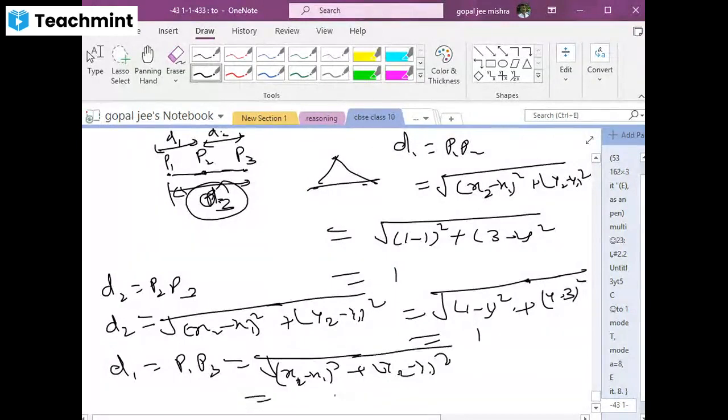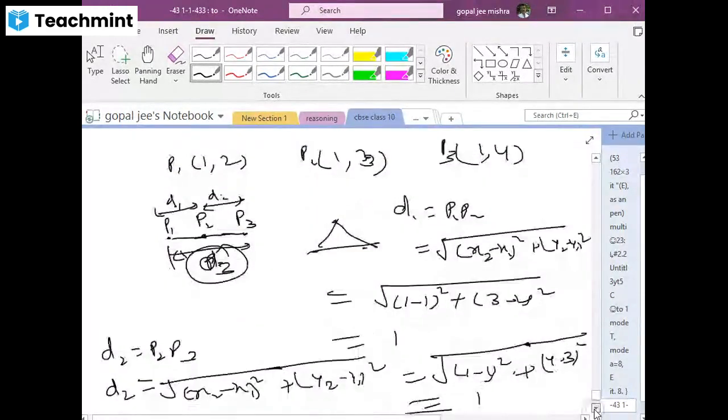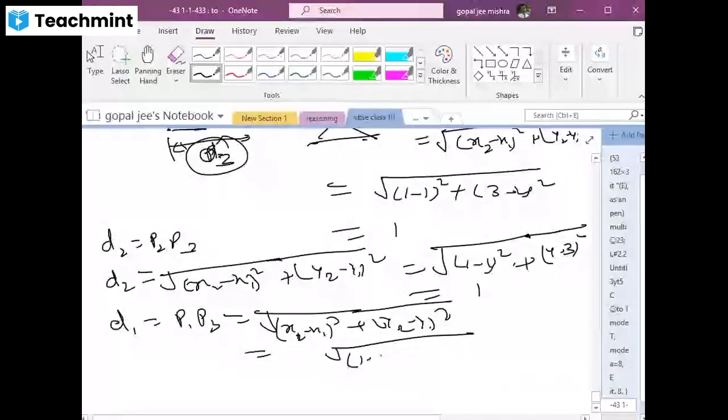Just put the values, let us see what you will get. Here I am observing 1 minus 1 is 0, 4 minus 2 is 2 square. Here I can write 1 minus 1 whole square plus 4 minus 2 whole square. The result is 2, beta.